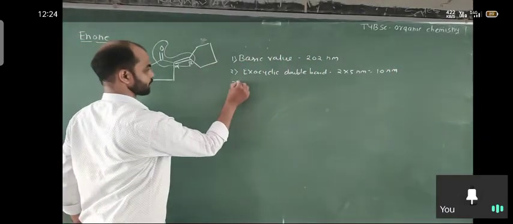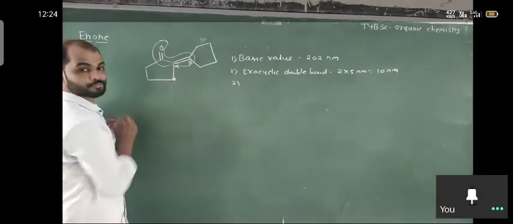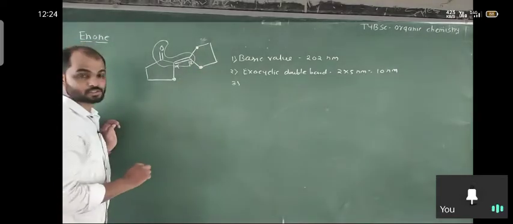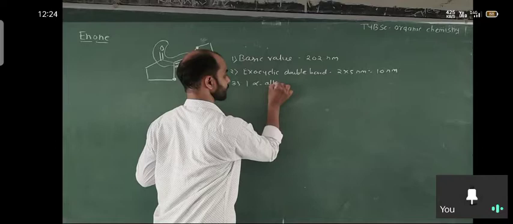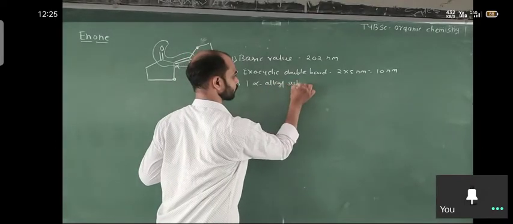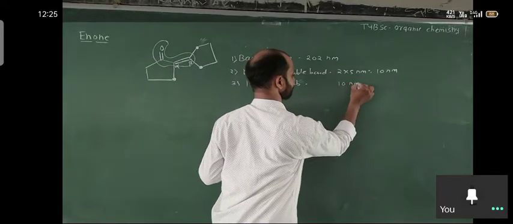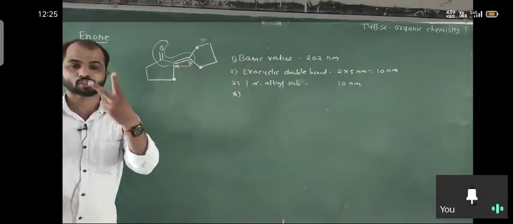Third point is substituents. The alpha position has a substituent, and this beta position has these 2 substituents. So here, one alpha alkyl substituent, their value is 10 nanometer. Fourth point, on beta position there are 2 substituents.